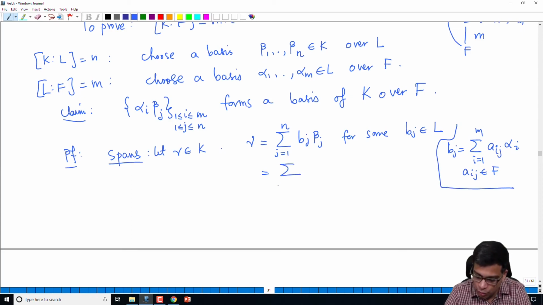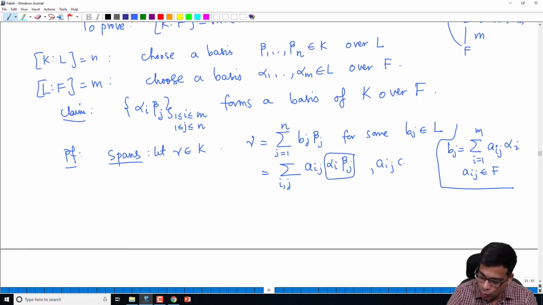So I am going to write both of them together and write this as the sum of a_ij alpha_i beta_j, right? So gamma can be written as a linear combination of alpha_i beta_j with coefficients in F. That is the whole point.